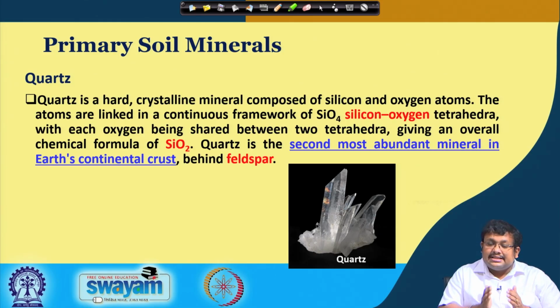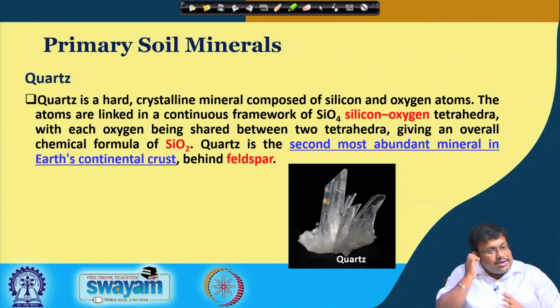We discussed this tectosilicate structure in our last lecture when we discussed the classification of soil silicates. Quartz is an example of a tectosilicate, which is a 3-dimensional and stable structure. As I have already told you, it is the second most abundant mineral in the earth's continental crust behind the feldspar. This is an example of the quartz mineral.